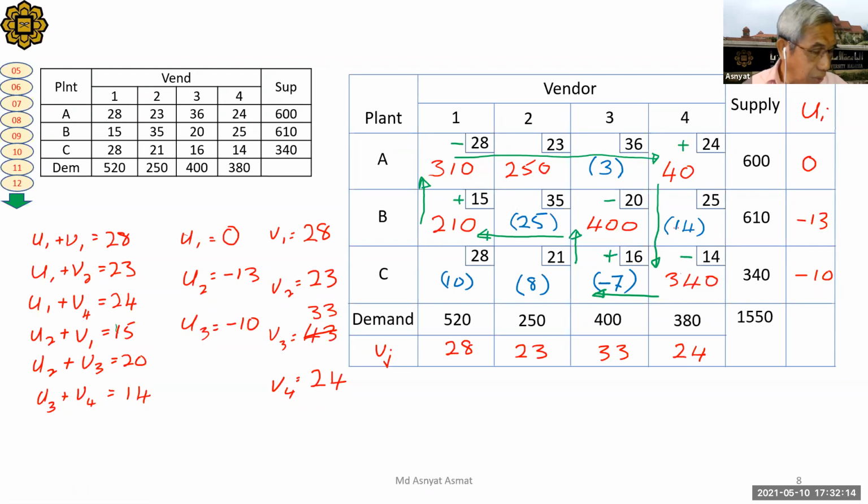Which one are we going to shift? 310. So we are going to write this in the next tableau.